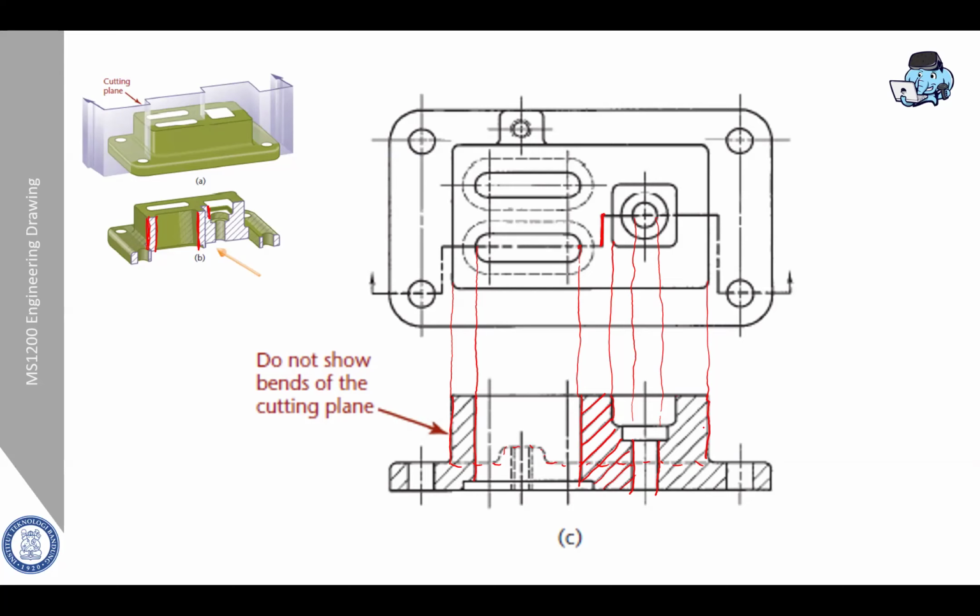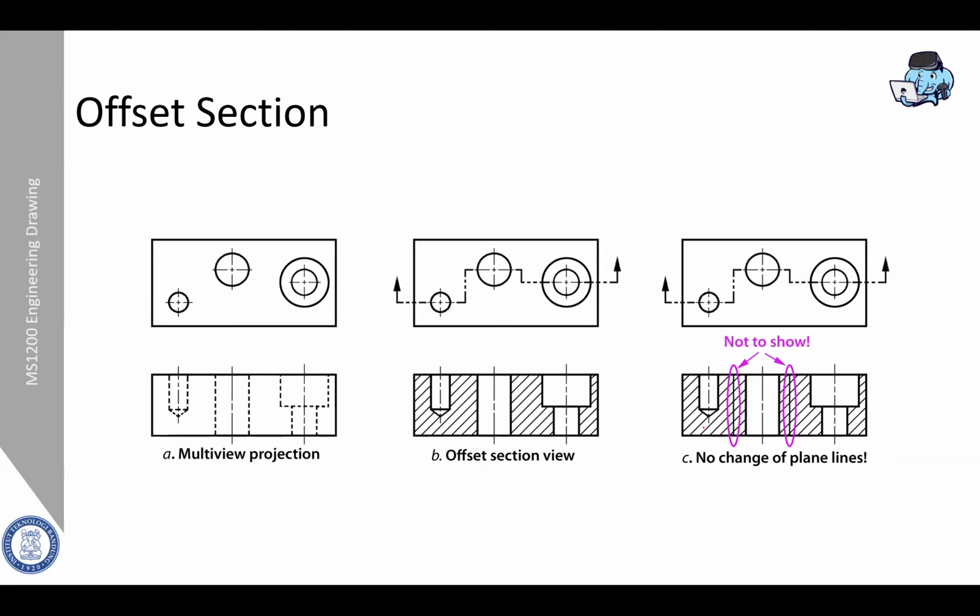Okay, and then next is okay. Okay, this is the multi-view projection, the standard multi-view projection. As you can see, there are hidden lines here, hidden lines shown by the dashed line. Yeah, because we cannot actually see the holes from this view.